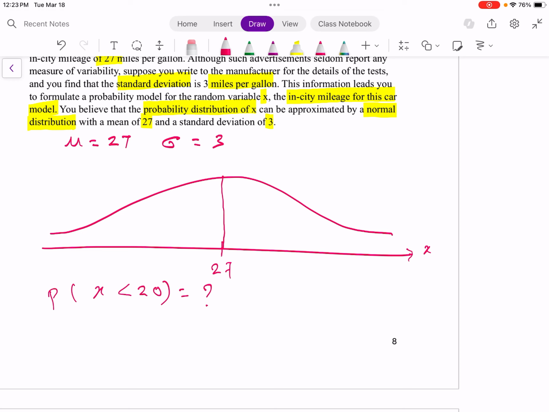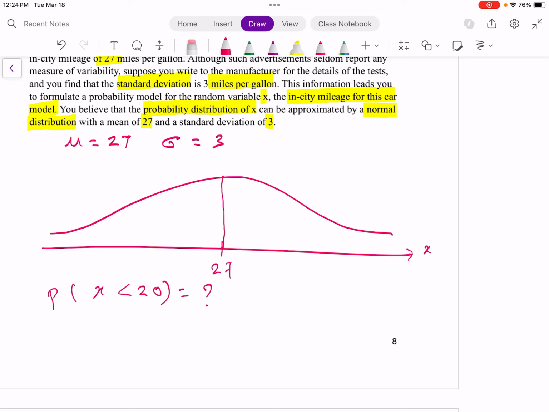So I want you to set the area here for this probability, and that area is the probability that x takes a value less than 20. Once you have the shaded region, you convert every x into z.